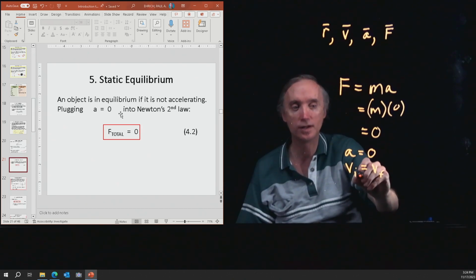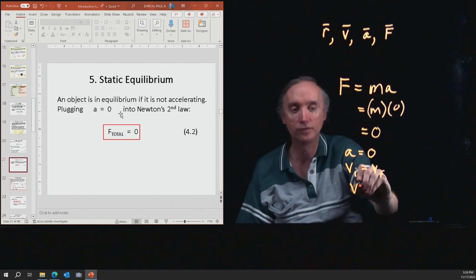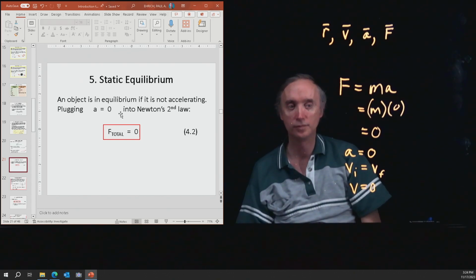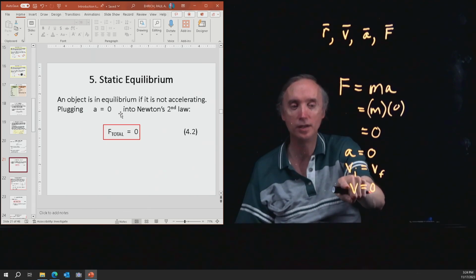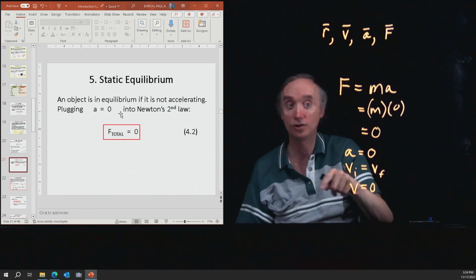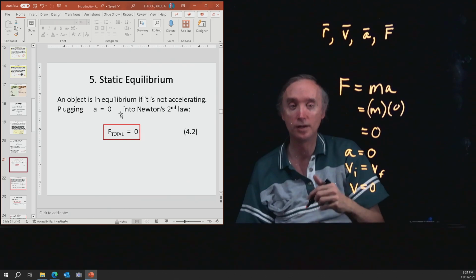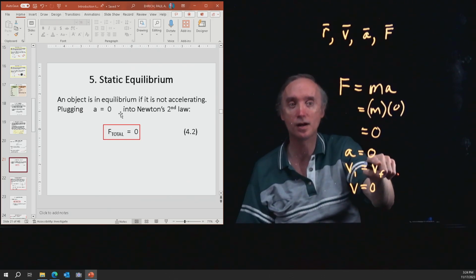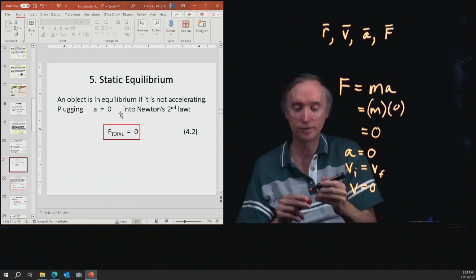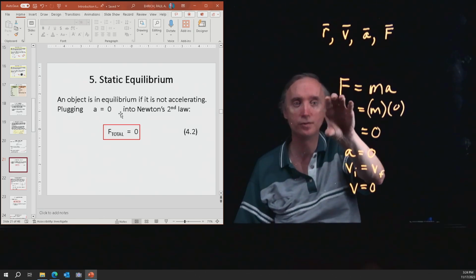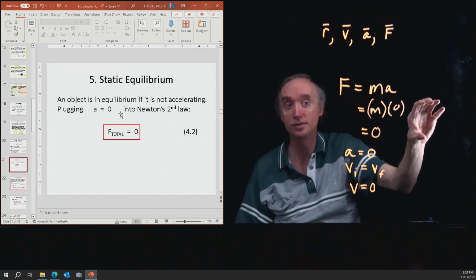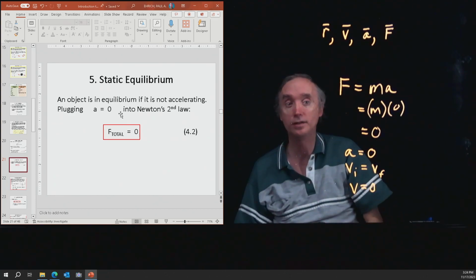It doesn't necessarily mean that velocity is equal to 0. So if your acceleration is 0, it doesn't mean your velocity is 0. It could be 0, but it just means that the velocity is constant. So you could have a situation in which an object is moving sideways at a constant speed, and it would be in equilibrium.